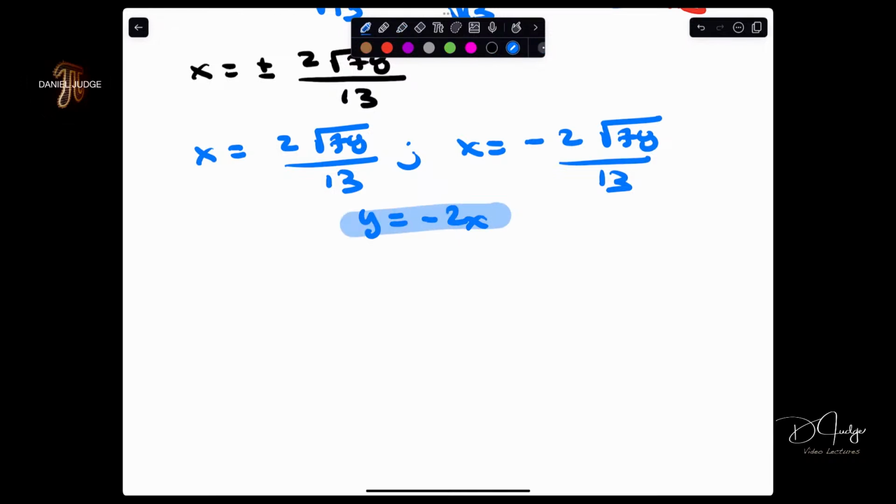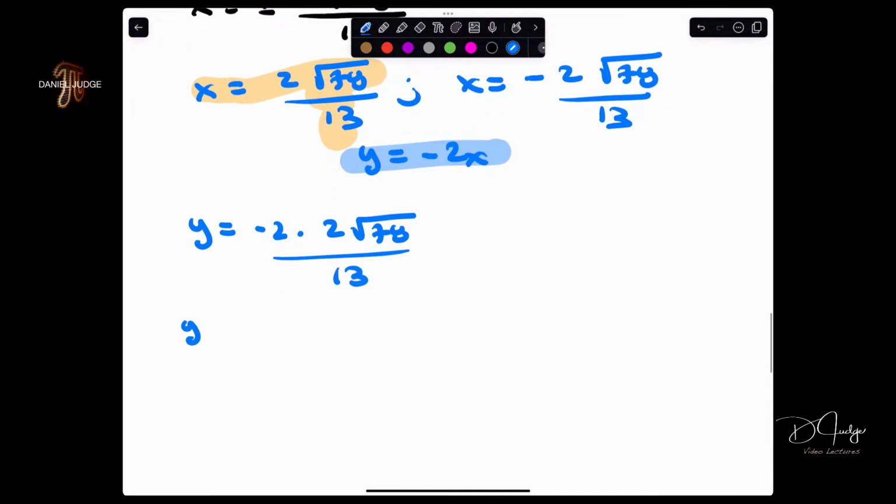All right, so what does that mean? Well, when x here is, I'm going to try to keep this with colors. Hopefully you guys can see it. When x is positive, y is negative 2 times 2 square root of 78 over 13. So y will be negative 4 square root of 78 over 13.